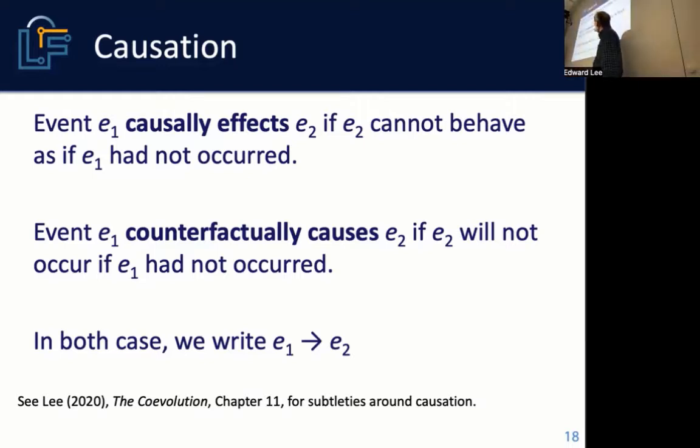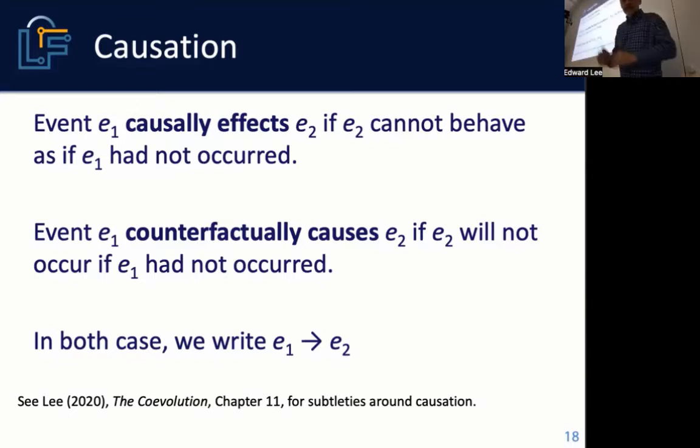There's a different form of causation, called counterfactual causation: event E1 counterfactually causes E2 if E2 will not occur if E1 had not occurred. In Lingua Franca, this happens when a reaction produces an output that triggers another reaction. That's a counterfactual causation relation between those two reactions. It's not the same as a relation through a state variable, where one reaction updates a state variable, which then affects some other reaction's behavior.